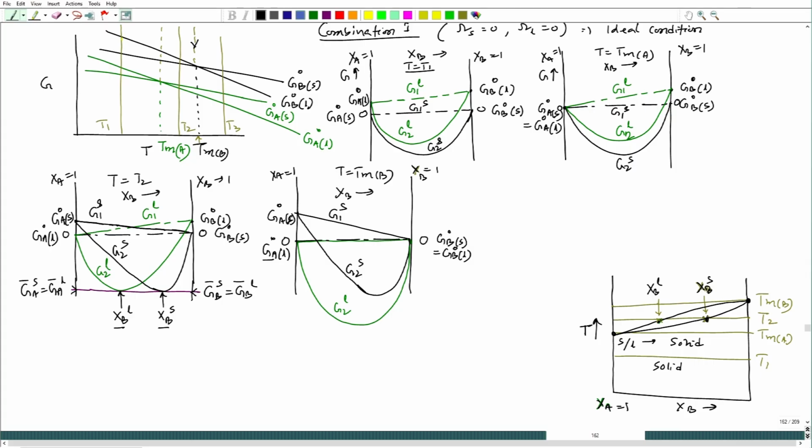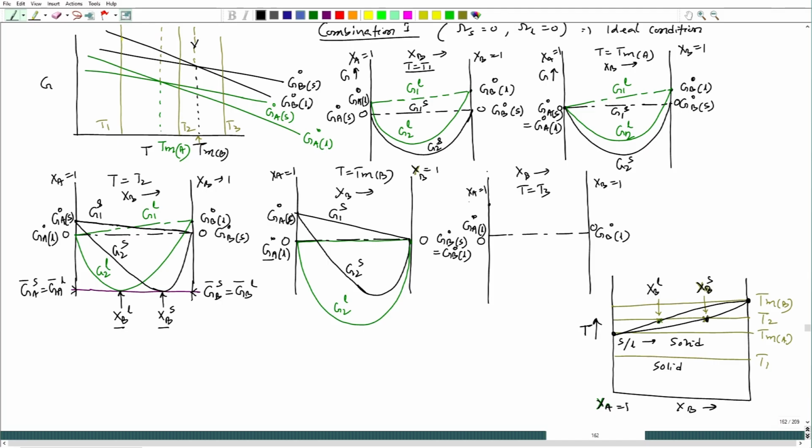Now, once we increase the temperature further, which is at T3, T equal to T3, which is more than the melting point of B, in that case G B naught liquid will have reference 0 value, G A naught liquid will have 0 value, okay.